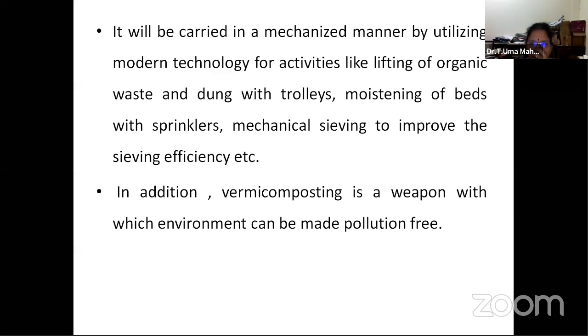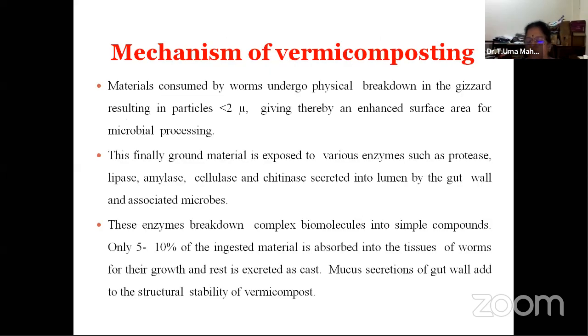So here it is generally done in a mechanical manner, however now we are using some modern technology, or even at small scale with the traditional technology we can go for the production of vermicompost. Now tell me, what are the mechanisms by which we can produce vermicompost, and what is the basic science?